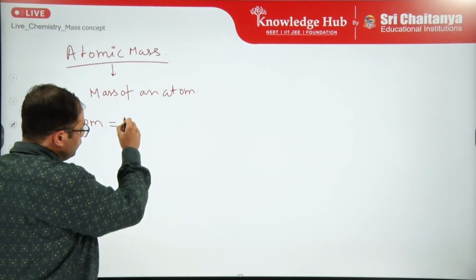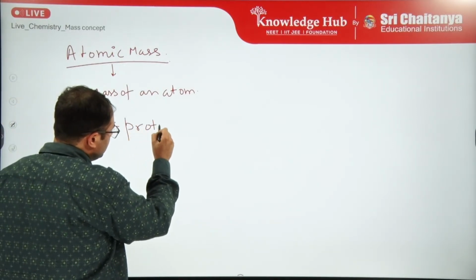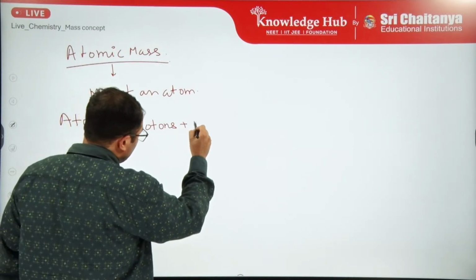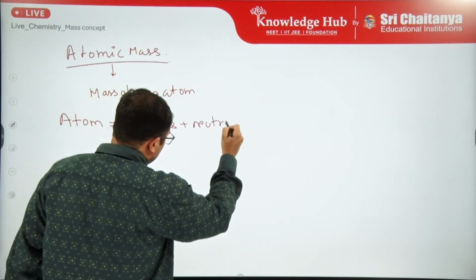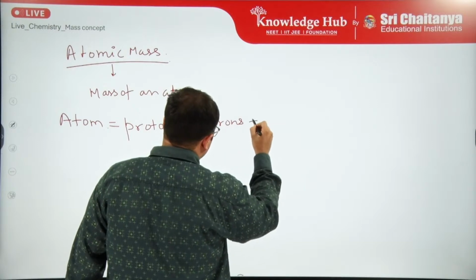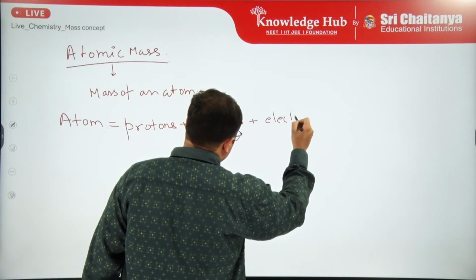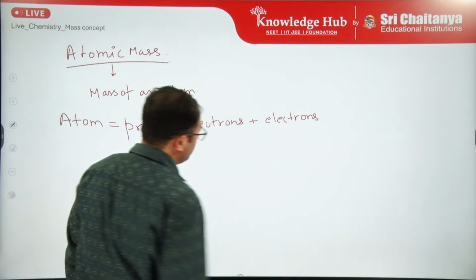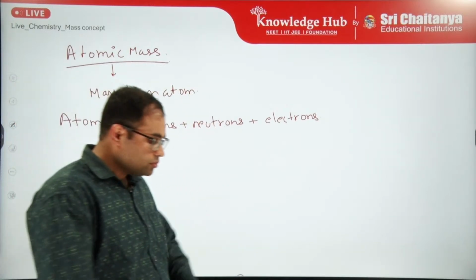Obviously it consists of protons, neutrons, plus you have electrons. Right, everyone?